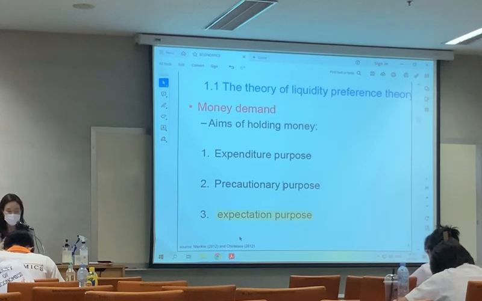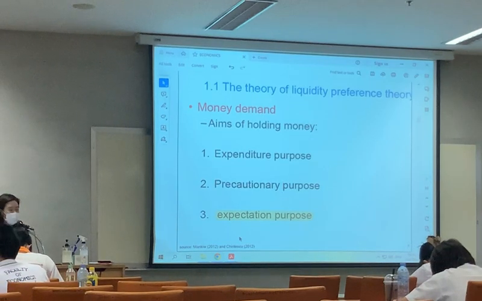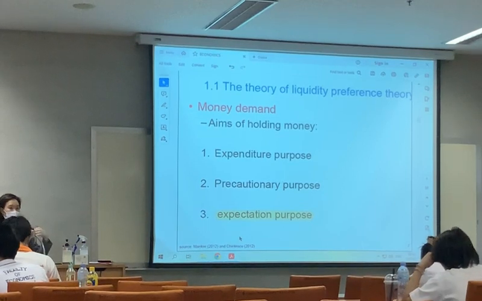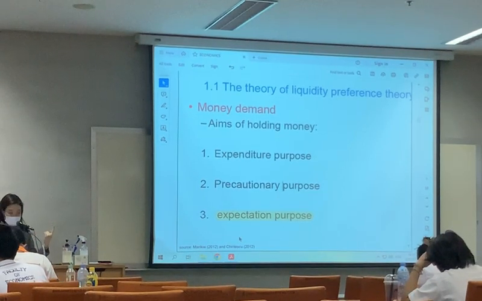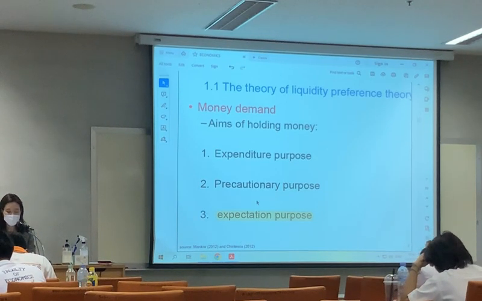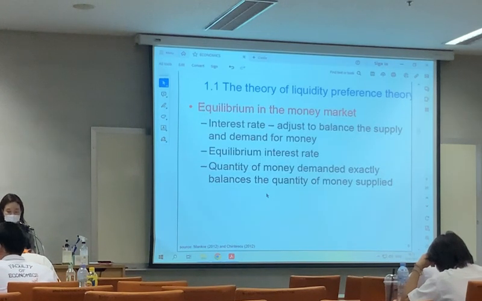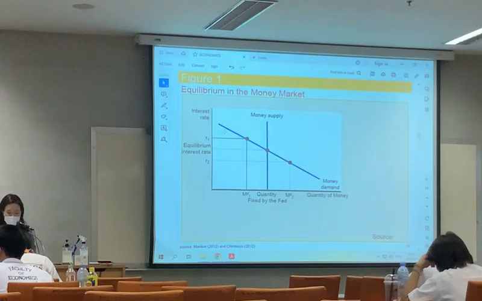As I told you in the morning class, for the speculative purpose, money demand depends on the interest rate. If the interest rate increases, money demand reduces, and if the interest rate reduces, money demand increases. That's why the speculative purpose gives money demand a downward slope.